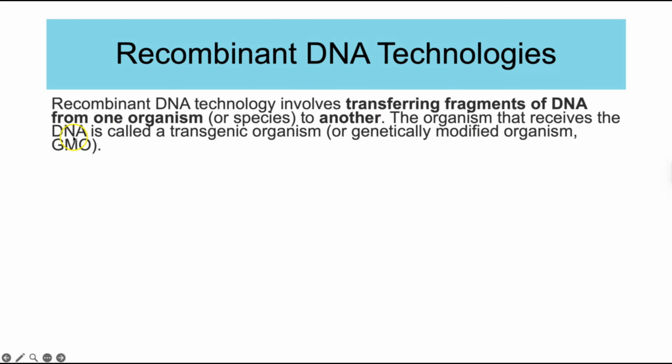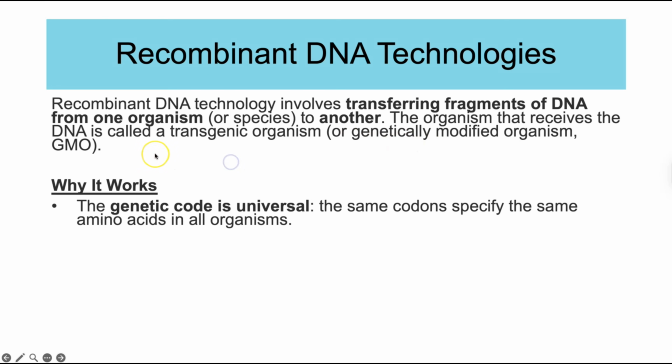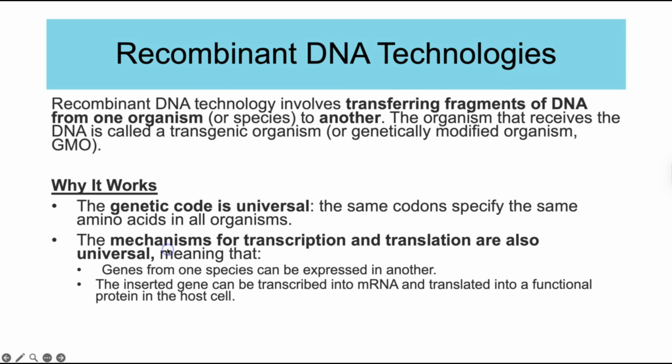The organism that receives the DNA is called a transgenic organism or genetically modified. The reason it's possible links back to topic 4. The genetic code is universal, which means the same codons on mRNA will code for the same amino acids in all organisms. And that's why you can take the DNA from one species, put it into the DNA of a different species, and it will still code for exactly the same sequence of amino acids and make that protein.